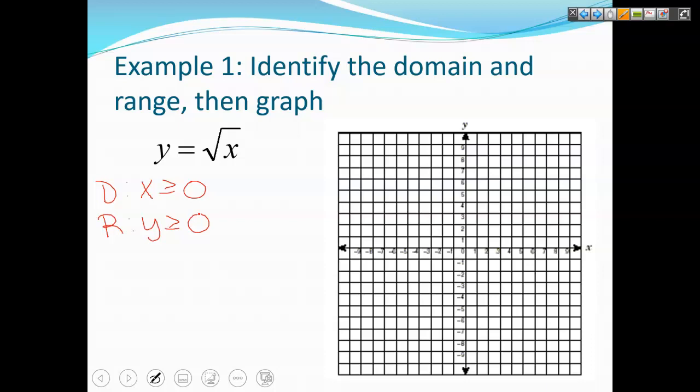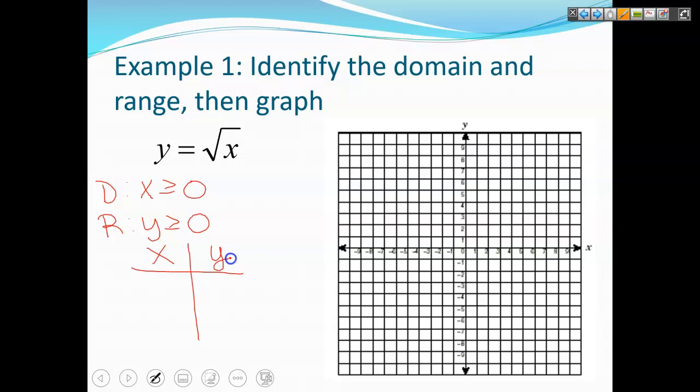The domain and range of the square root are going to be the opposite of the x and y's of the parent quadratic. So if you think about the quadratic function, the x values were 0, 1, 2, 3. The y values were 0, 1, 4, 9.